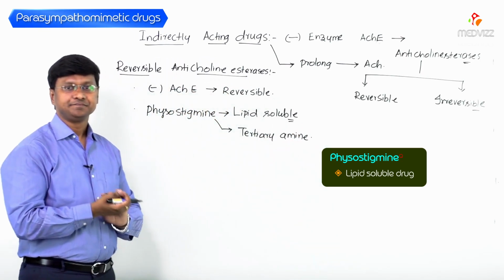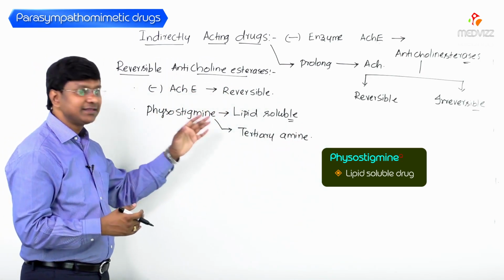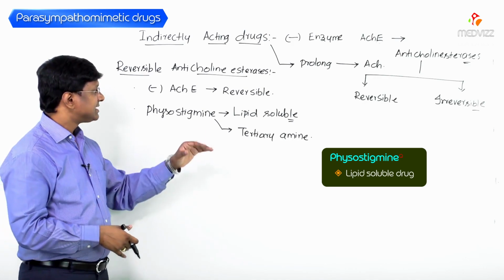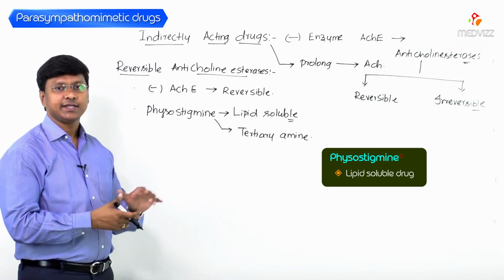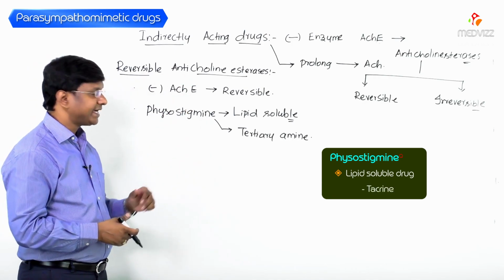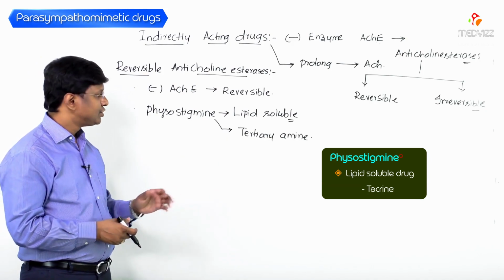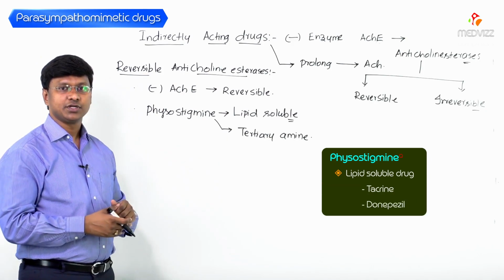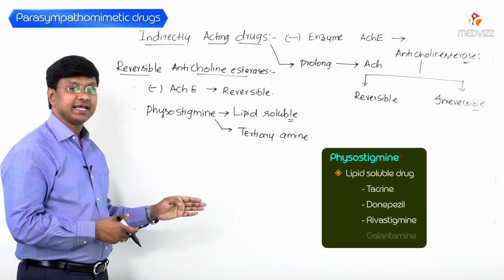Now we have some other lipid soluble reversible anticholinesterases: Tacrin, Donepezil, Rivastigmine and Galantamine.